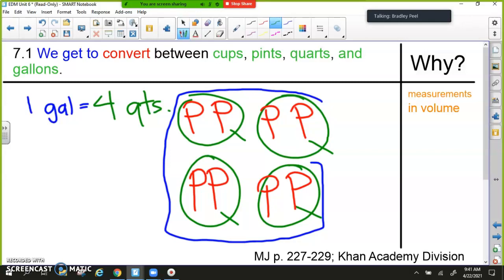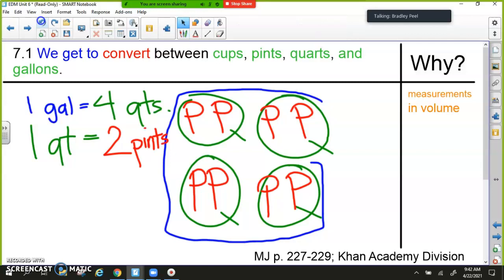I get it. So 1 quart equals 2 pints, right? I don't know the abbreviation for pints. And I know some people say pints, but it is pints. One of those weird English rules, right?